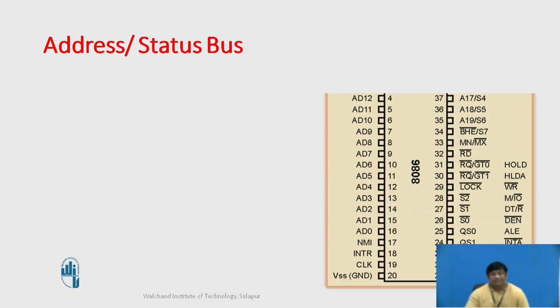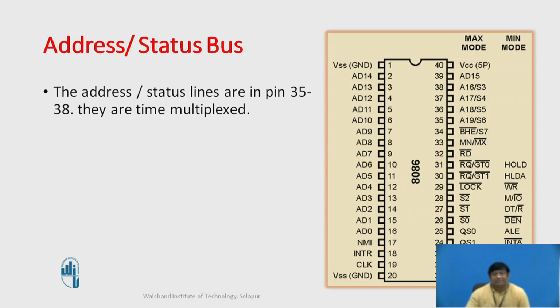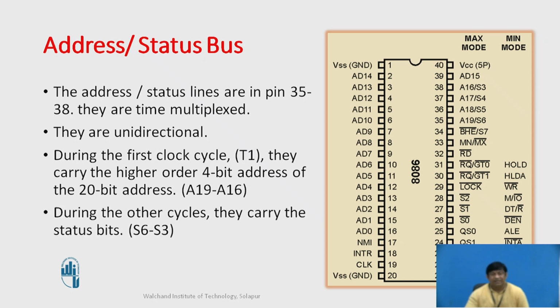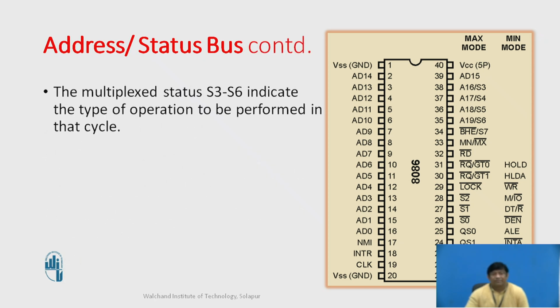Next, the address status lines are on pins 35 to 38. They are time multiplexed and unidirectional. During the first clock cycle T1, they carry the higher order 4 bits of the 20-bit address, that is A19 to A16. During the other cycles, they carry the status bits S6 to S3, which indicate the type of operation to be performed in that cycle.